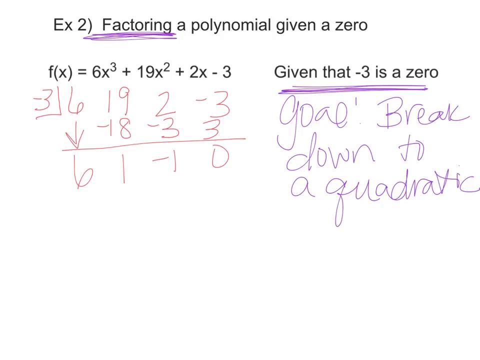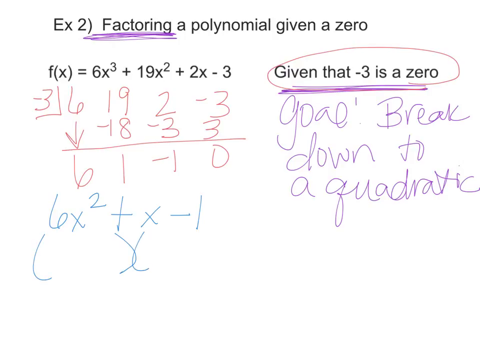If you get anything other than a 0 there, you did it wrong because you are given this 0. So the fact that I am given this 0, I already know it's going to work. Now, remember whenever we did our dividing, we go 1 degree less. I now have a 6x squared plus a 1x minus 1. Now I have a quadratic, and we can factor that.